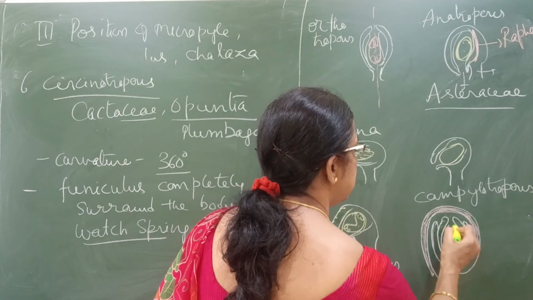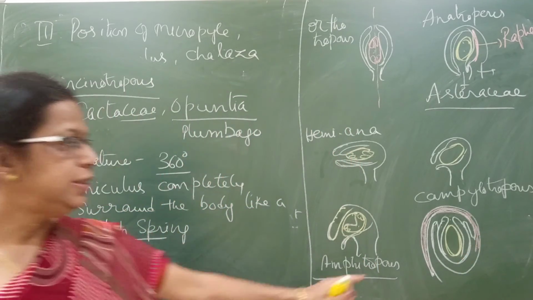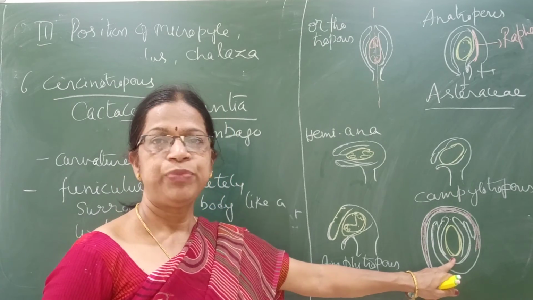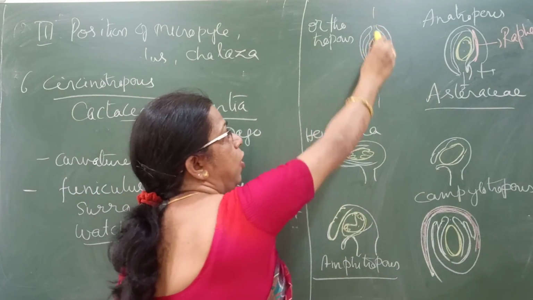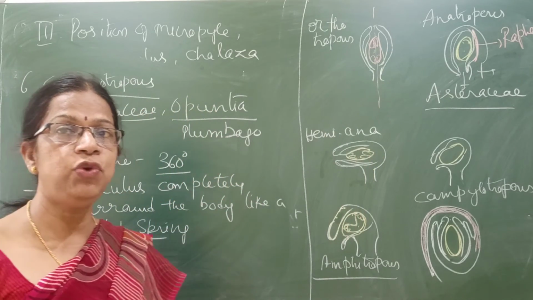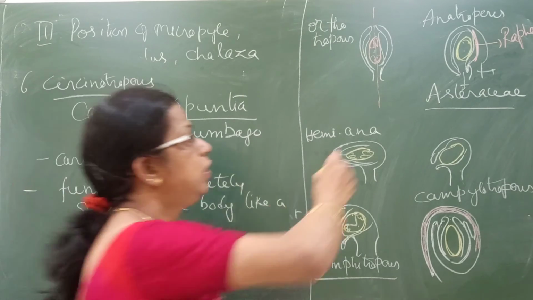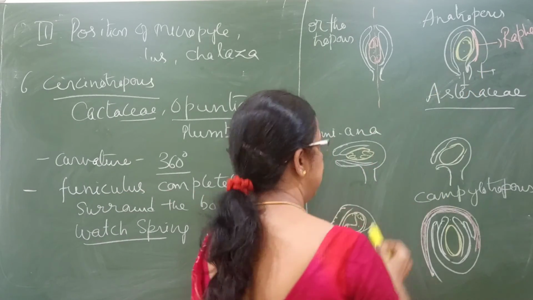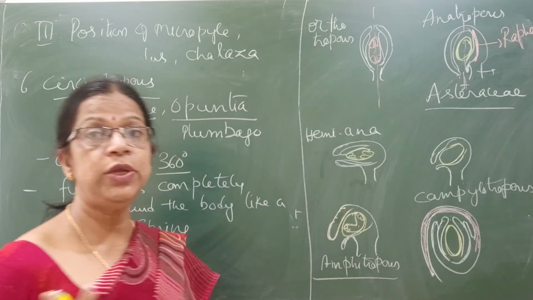Because this is the embryo sac, this is the micropyle, and this end is called the chalaza. If we take the orthotropous ovule, all are in the same straight line: micropyle, chalaza and funicle. But in anatropous, we find only the micropyle and chalaza in a straight line, but not the funiculus.